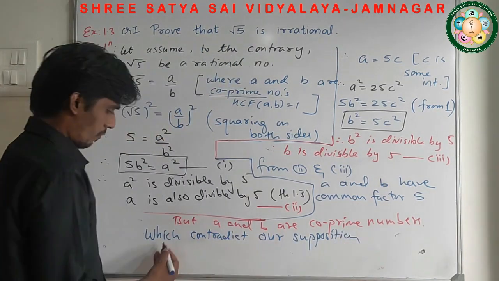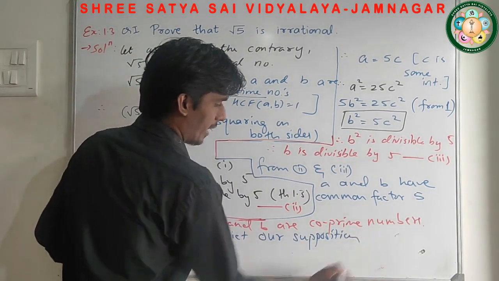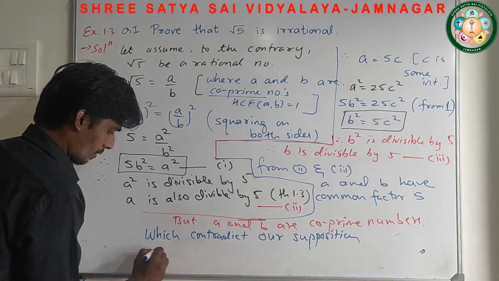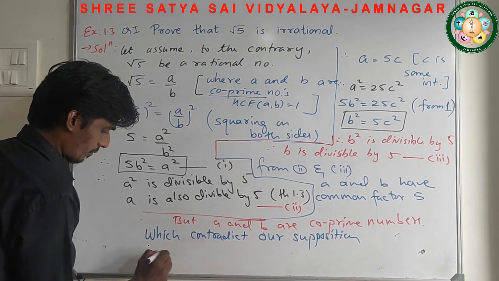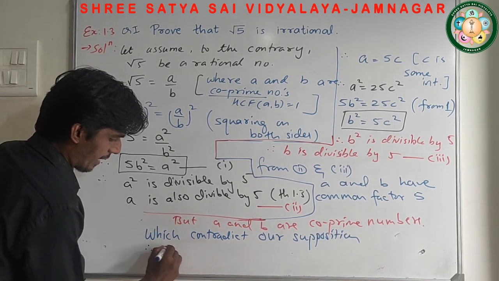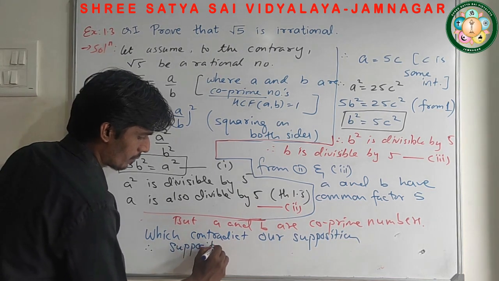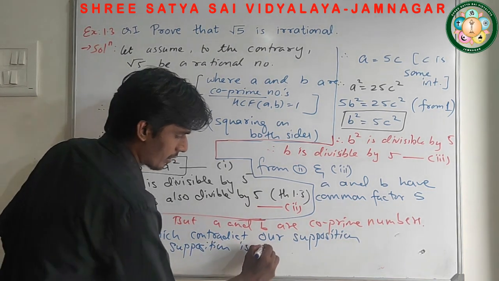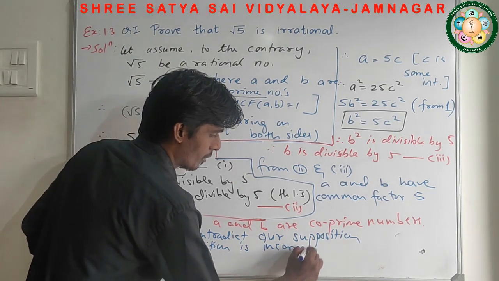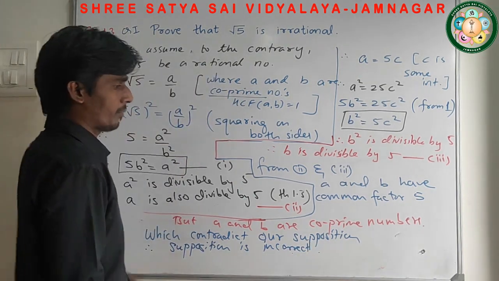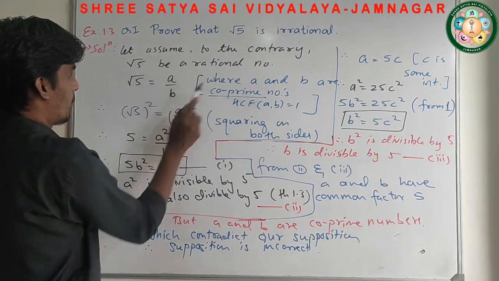So as this contradicts our supposition, therefore our supposition is incorrect. Our supposition has become incorrect.